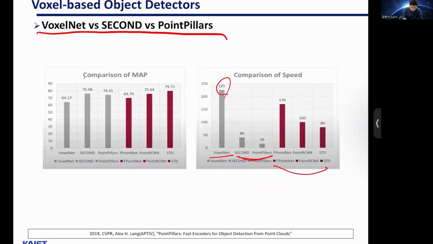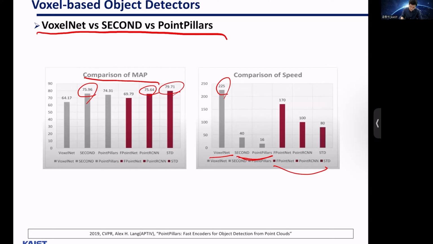And if you look at the performance, voxel-based approaches and point-based approaches are comparable. So for instance, we can compare second or point pillar with some of the high performance point-based approaches.